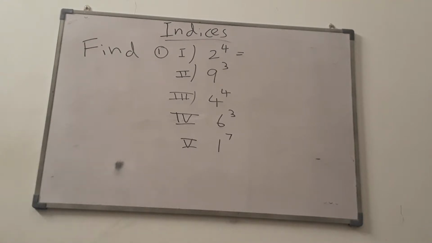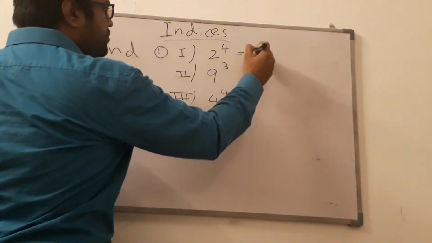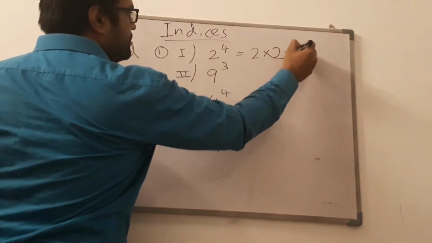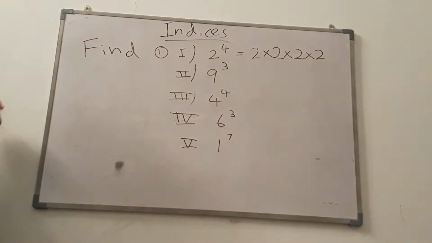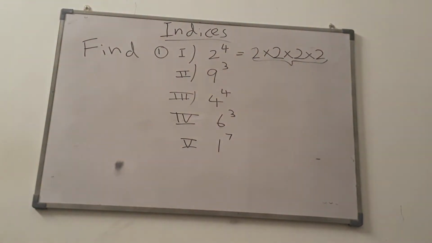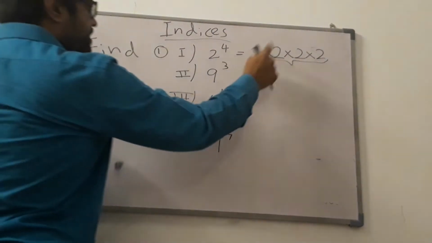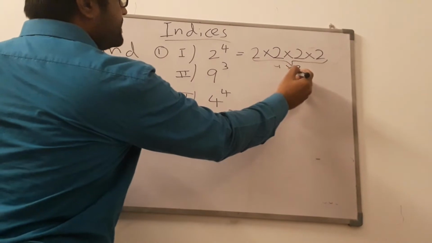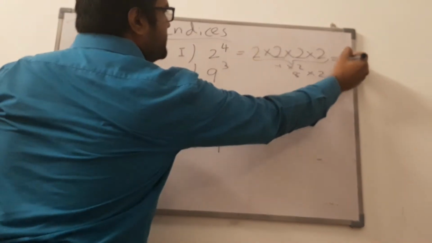There's an easier method. The first method is expanding 2 to the power 4. 2 to the power 4 can be written as multiplying 2 by itself 4 times, so 4 2s multiplying with each other. 2 times 2 is 4. 4 times 2 is 8. 8 times 2 is 16.